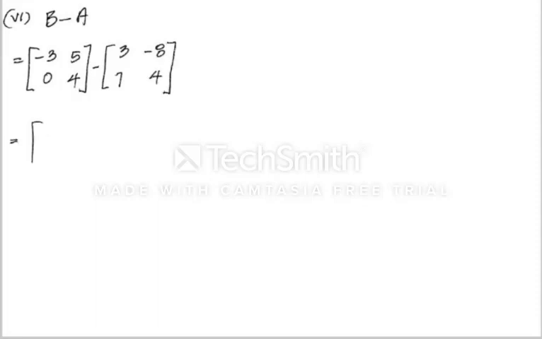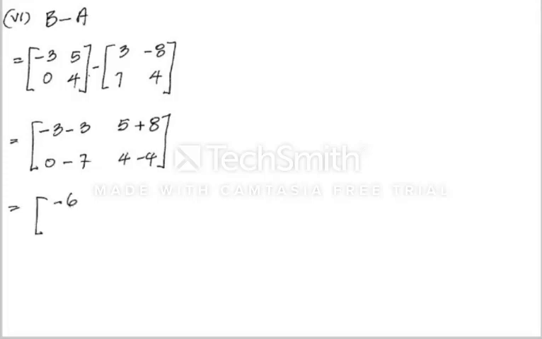So remember, we add or subtract matrices by adding or subtracting corresponding elements. So this would be minus 3 minus 3, 5 minus minus 8, which is plus 8. A negative times a negative is a positive. 0 minus 7, and 4 minus 4. So minus 3 minus 3 is minus 6.